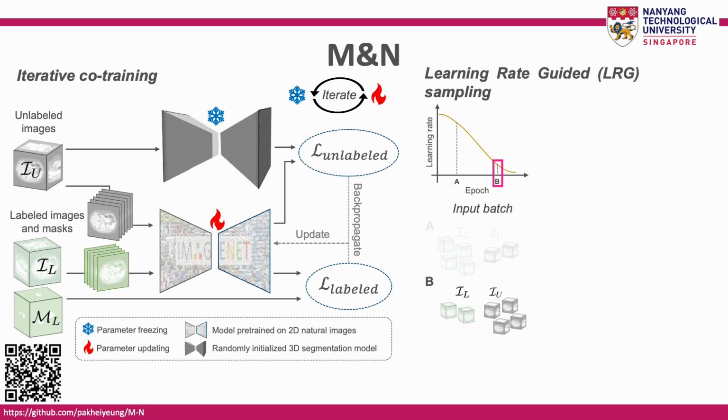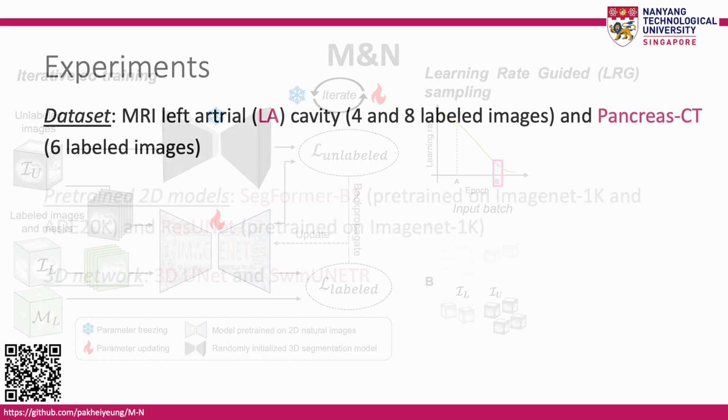As training progresses and the predictions become more stable and accurate, the unlabeled images in a batch, which are used with pseudo-labels, should increase accordingly to maximize the utilization of unlabeled data. Later in the results section, we will show you more details about the ablation experiments.